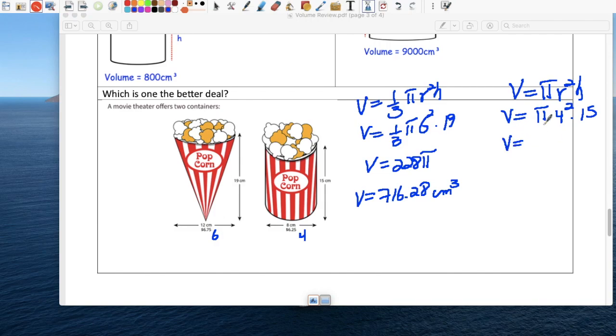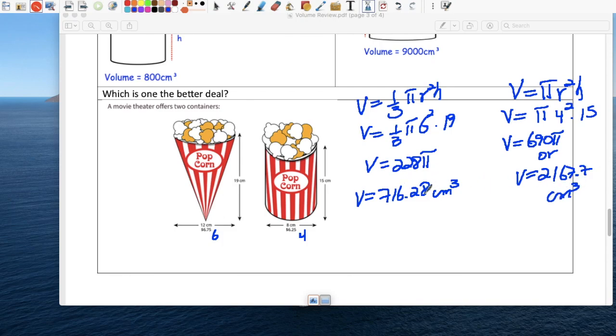So 16 times 15 equals 240 pi, or 2,167.7 centimeters cubed.